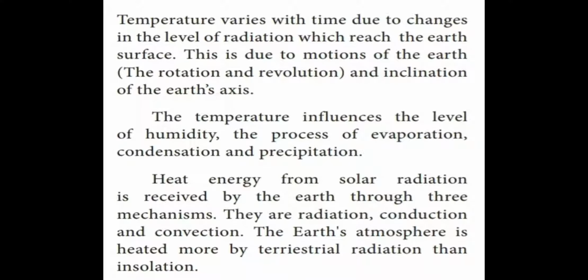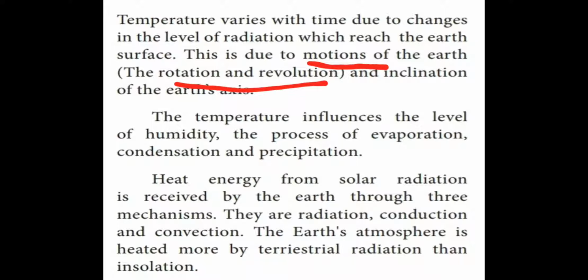Next, temperature varies with time due to changes in the level of radiation which reaches the earth's surface. So, temperature varies from time to time. When the radiation reaches the earth's surface, the temperature changes. This is due to the motion of the earth. This is due to what? Motion of the earth. What is the motion of the earth?